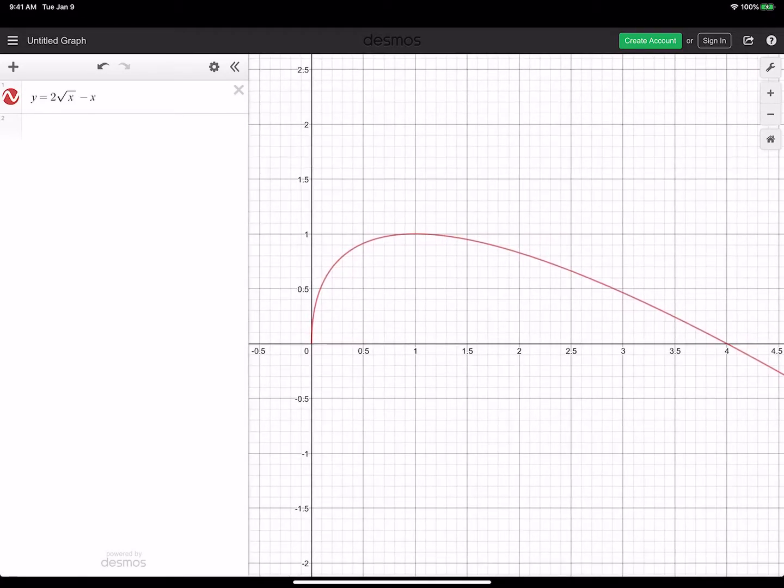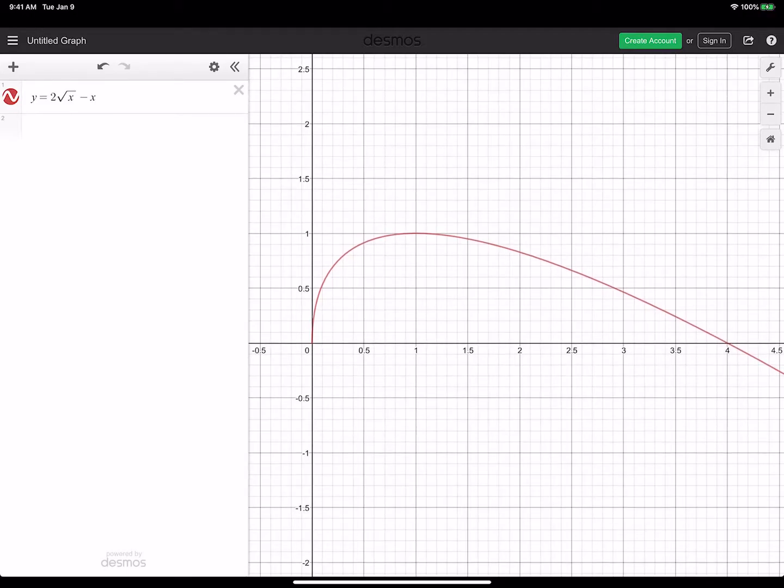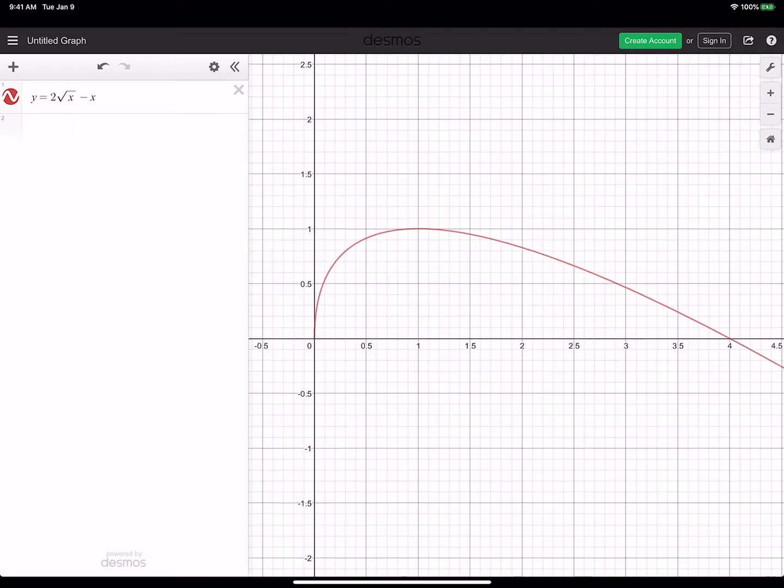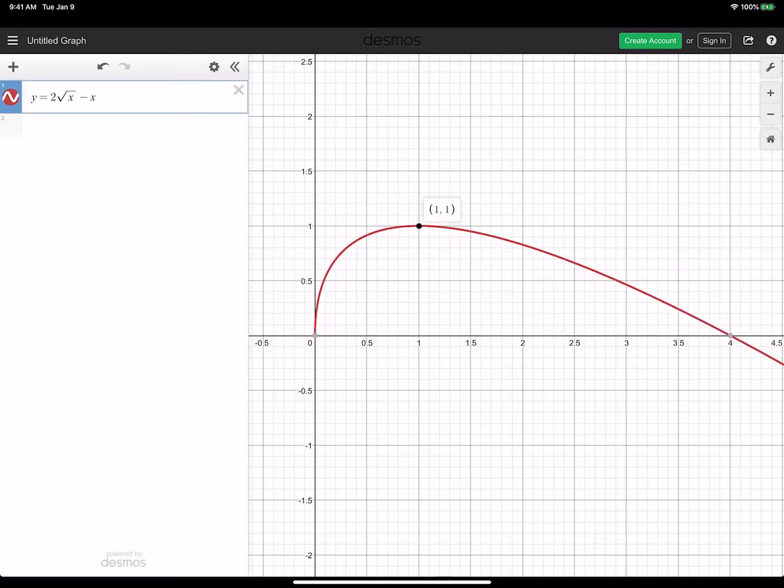Yeah, we lost those points. Anyway. Yeah, at these locations. See that 1, 1, 0, 0, 4, 0. And that's how the analysis works. So it looks like we're pretty good here.